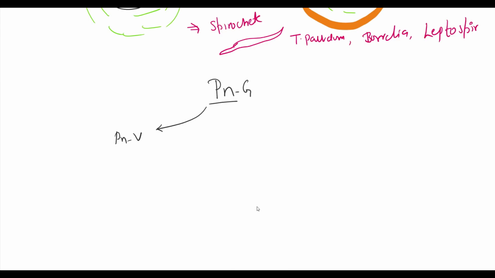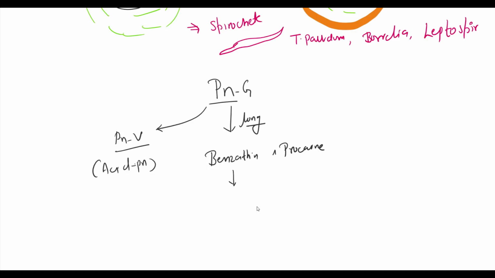Penicillin V is an acid-resistant form of penicillin. To make penicillin long-acting, penicillin is complexed with benzathine and procaine, resulting in the formation of benzathine penicillin and procaine penicillin. Benzathine penicillin is the longest acting penicillin.